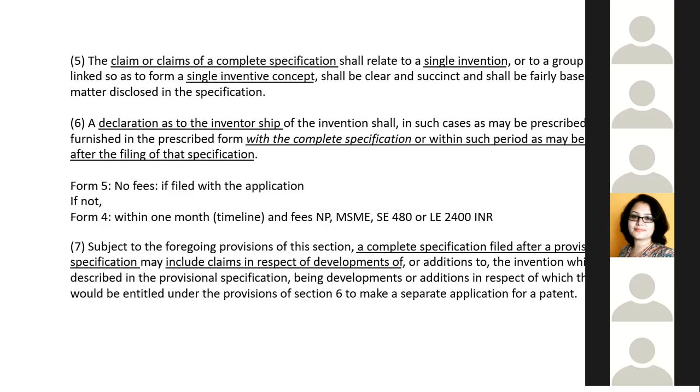No, I will explain it to you. I disclosed some matter in the provisional. Now while filing the complete specification, my matter has changed, or I have found some other invention. Right? At that time, I will either file the complete for the provisional, or I will lapse the provisional and file another complete application. So we can scrap the earlier one and file a new fresh one, right? Yeah, because the scope of the provisional application is increased at the time of filing the complete application. In that case, we have to apply for the separate application.